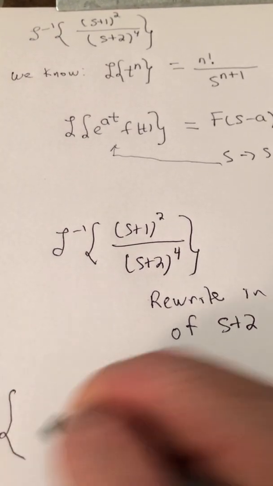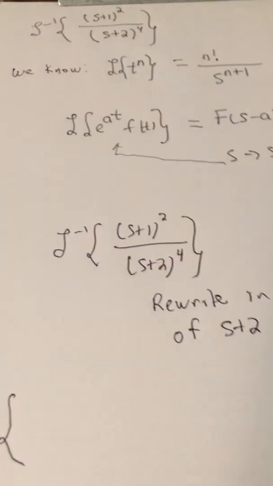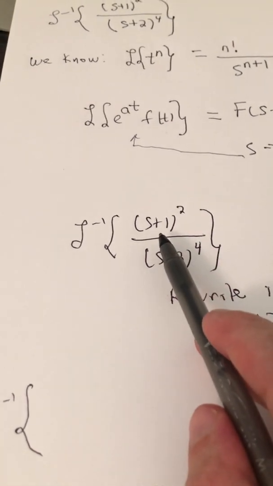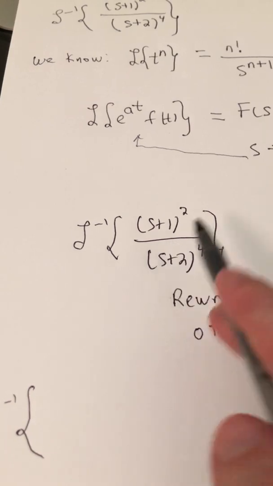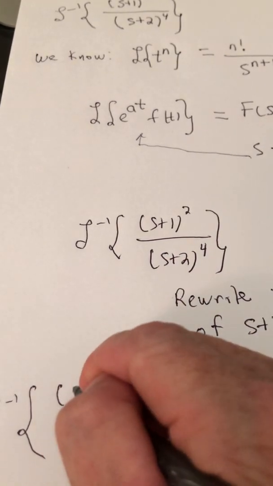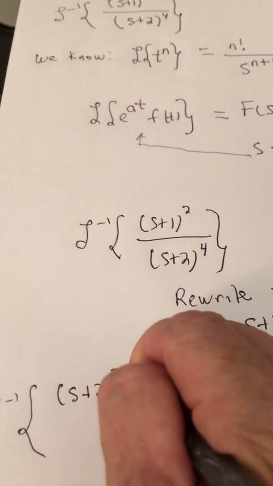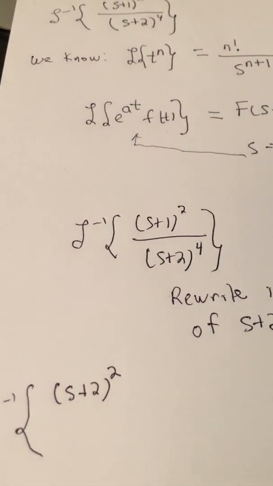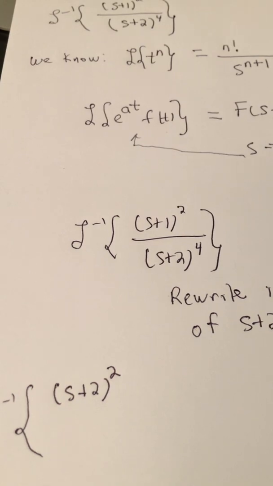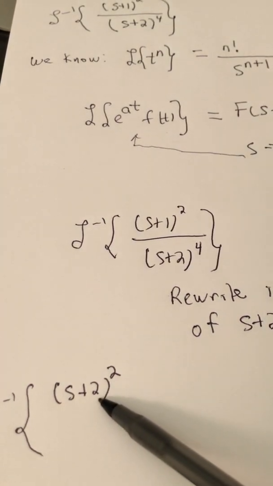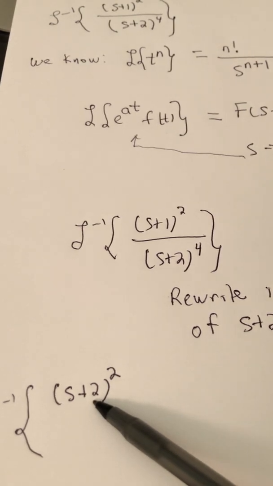So we have the inverse Laplace transform of, if I replace s plus 1 with s plus 2, which is what we want, I'm actually adding an additional 1 to each factor.